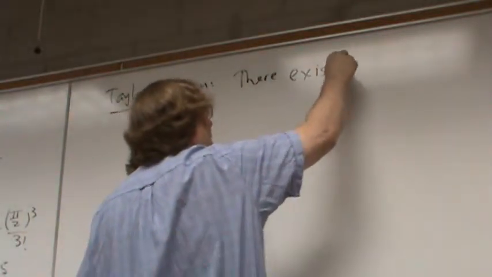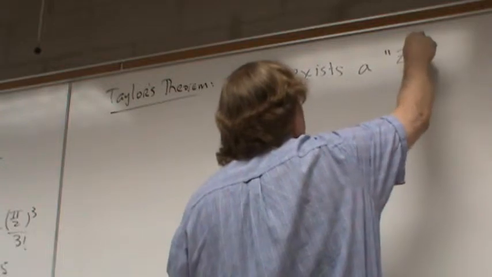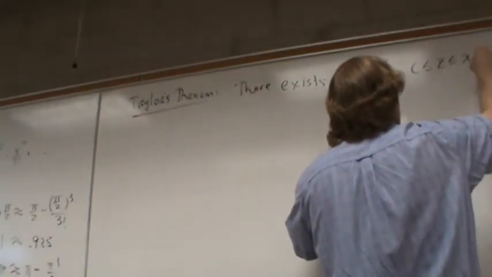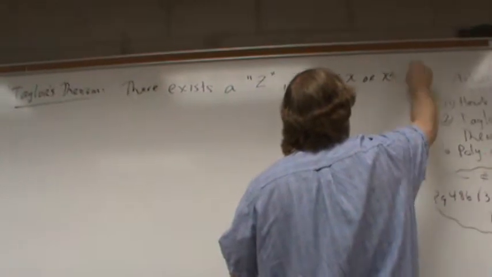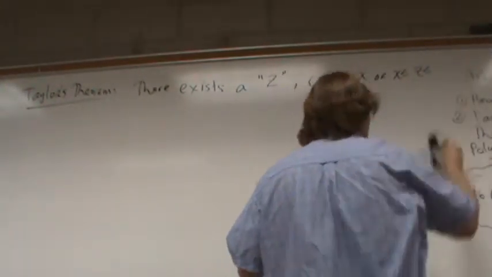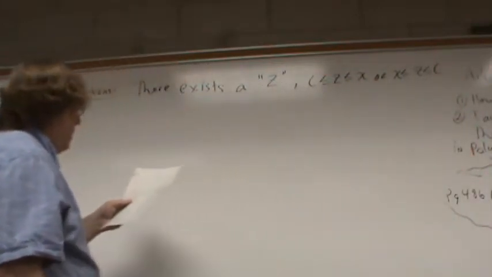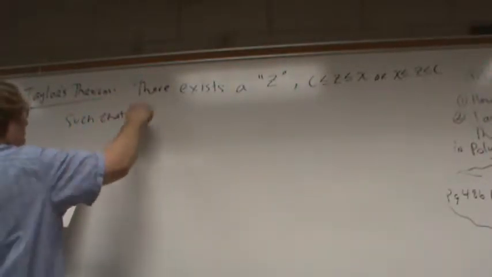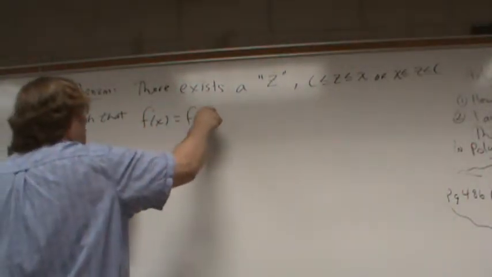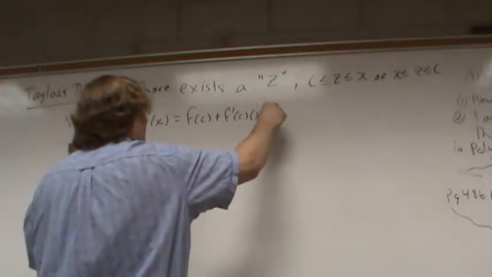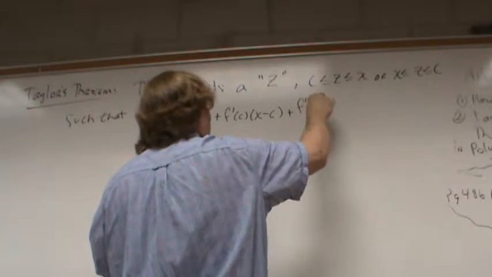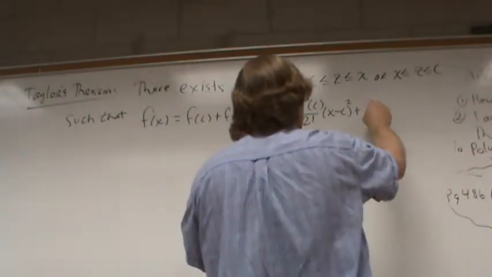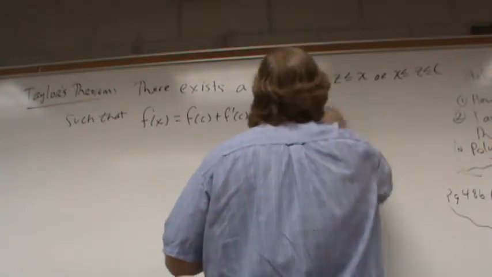There exists a z such that z is between c and x, such that f of x equals f of c plus f prime of c times x minus c plus f double prime of c over 2 factorial times x minus c squared plus dot dot dot. Oh, I ran out of room. Oh, that was dumb. Sorry, kids.